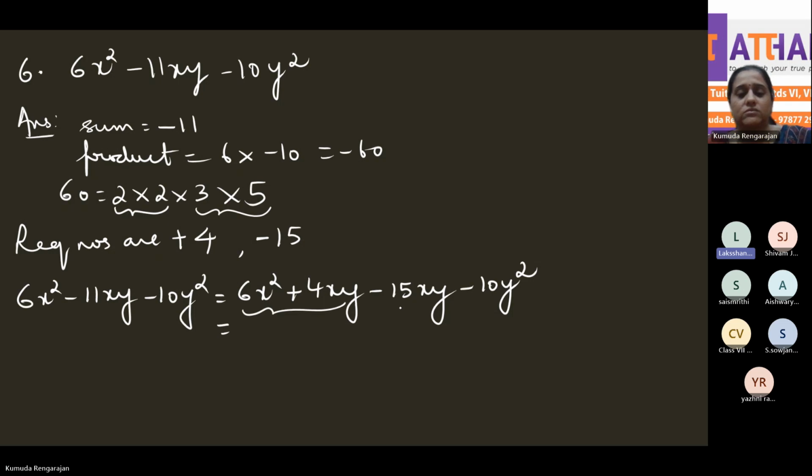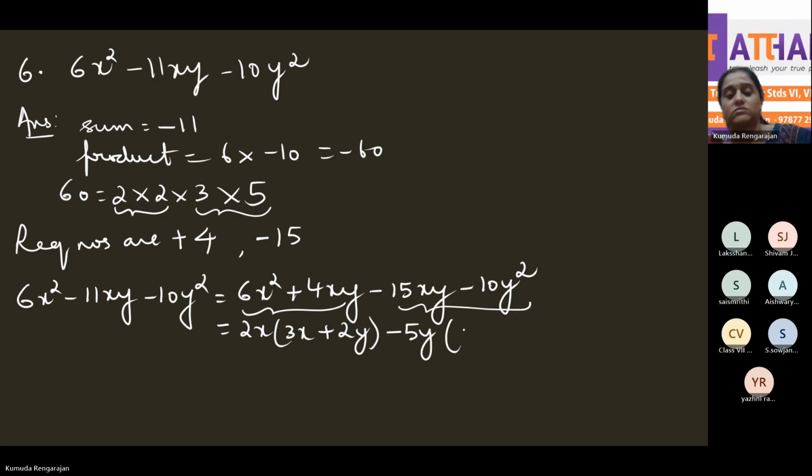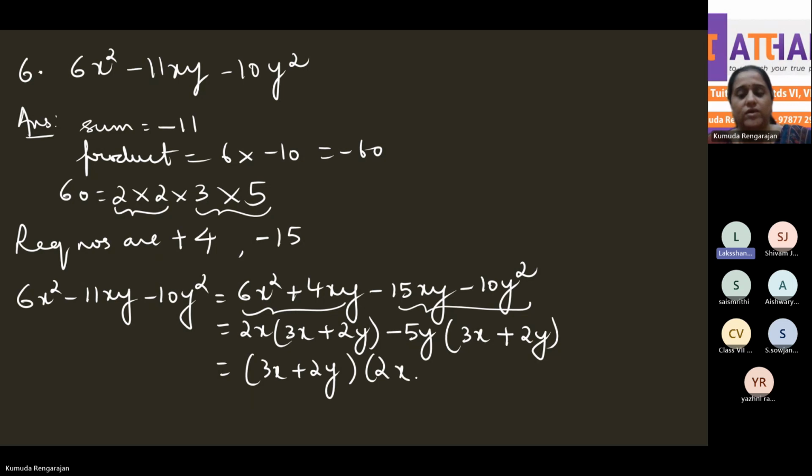Then it's 2x into 3x plus 2y, minus 5 into 3x plus 2y. Super. Very good, Lakshana. Thank you. So it's 3x plus 2y into 2x minus 5y. Very good. Excellent.